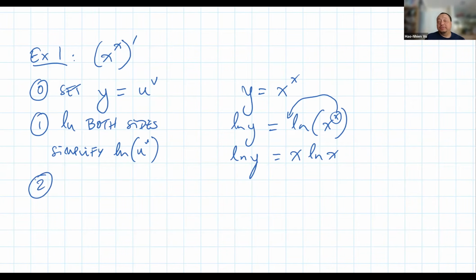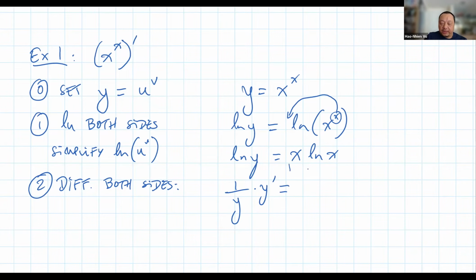Number 2, differentiate both sides using implicit differentiation. The derivative of ln is 1 over. And by the chain rule, I need to multiply by the derivative of the inside, so I need to multiply by y prime. Equals.